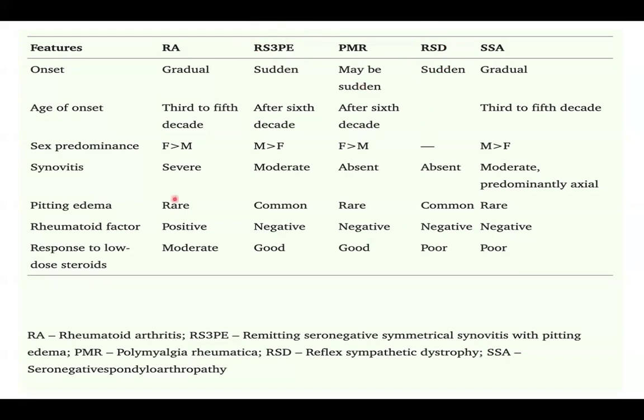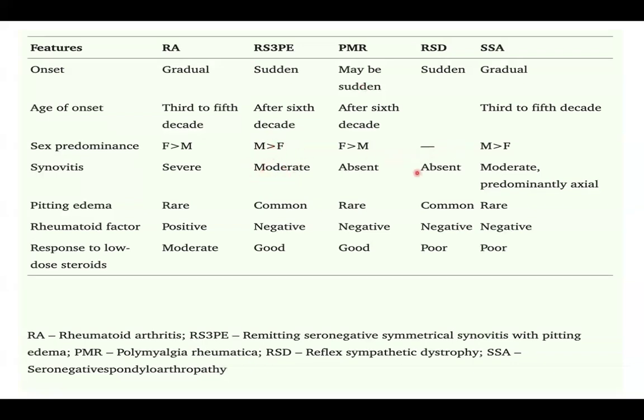In rheumatoid arthritis and RS3PE, the important differentiation is that RS3PE is a sudden onset, mostly after 6 decades. Synovitis is present in rheumatoid arthritis and also RS3PE, but in RS3PE it's the moderate variety.